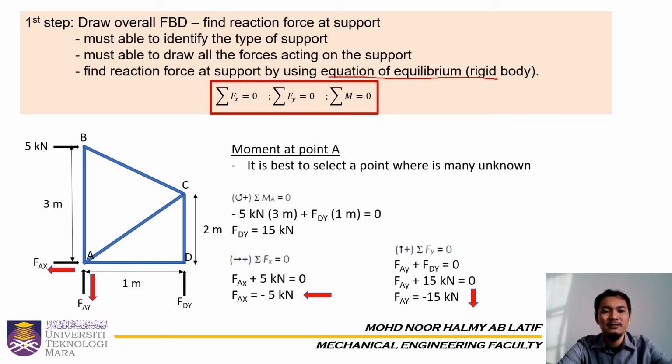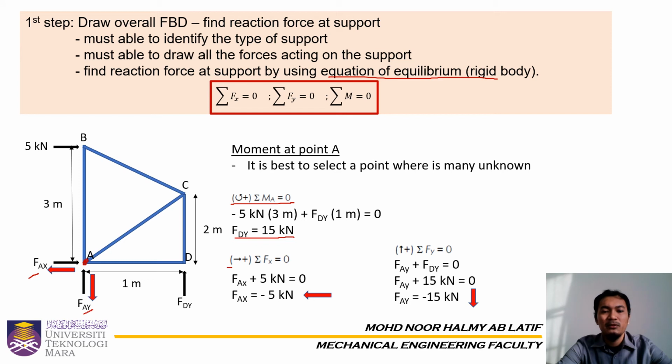It is best to select a point where we have the most unknowns. In this case, we have point A, which consists of two unknowns, FAX and FAY. By doing the summation of moment at point A, we're going to solve for force DY, which is 15 kN.